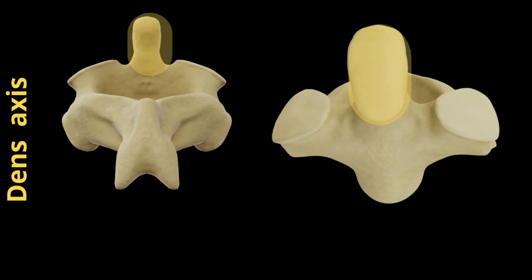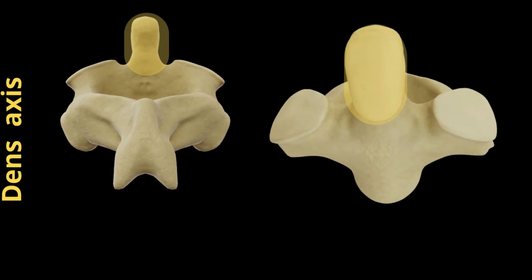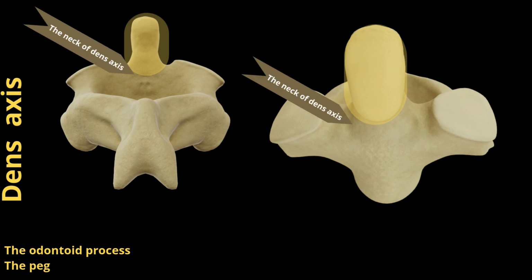Dens axis. The dens axis, literally, tooth of the axis, also called the odontoid process or the peg, is the separated body of the atlas that fused with the body of the axis during early life. It exhibits a small constriction called the neck, on the place where it fuses with the body of the axis.